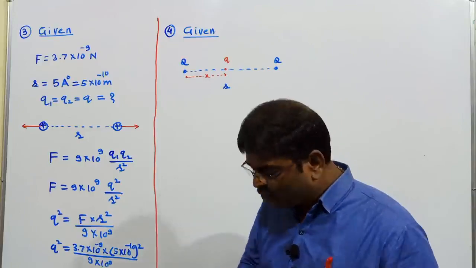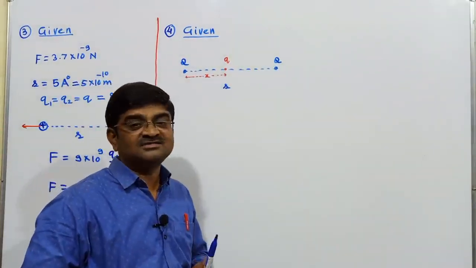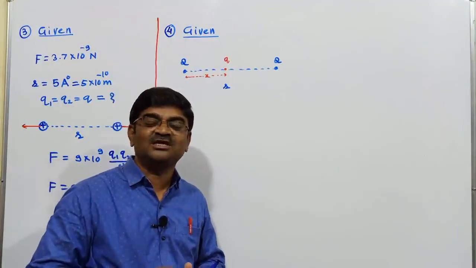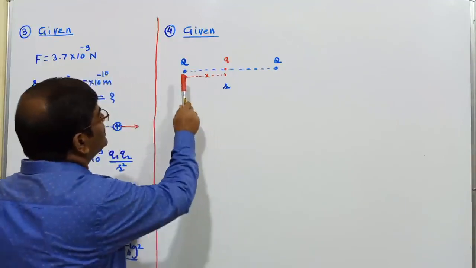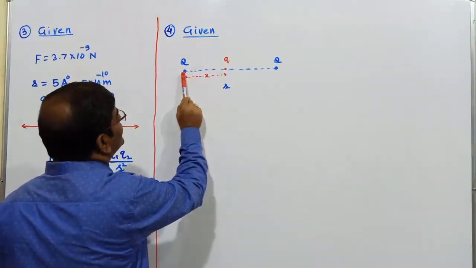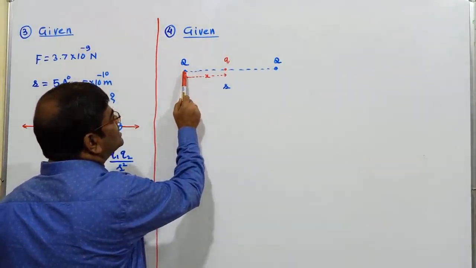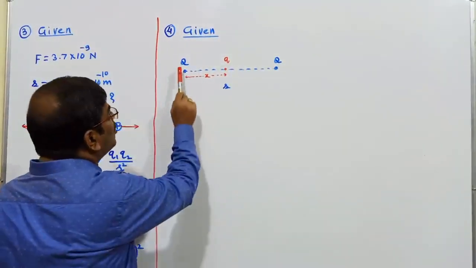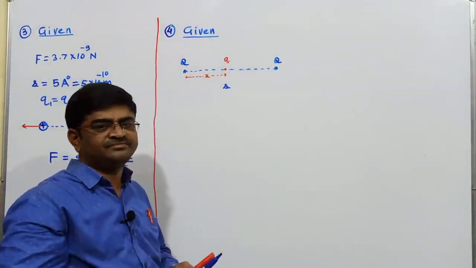Now, if I look at the present scenario here, I can understand every charge in that system is going to experience two forces. Say for example, if I talk about this, I will have a force exerted on this charge by this small q. I will have a force exerted on this charge by the other charge, capital Q. So on this charge, how many forces do I have? 2.